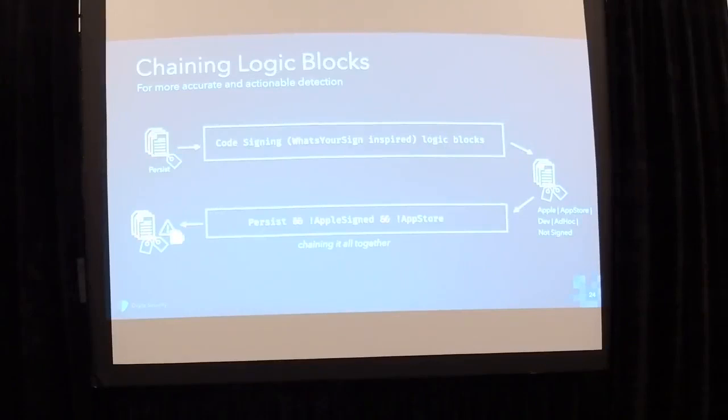This labeling then facilitates chaining and logic block reuse. So tying this to our previous example, let's say vanilla persistence isn't actionable in your environment. Lots of things ask to persist, so it may not be actionable. We chain this to what I'm calling a "What's Your Sign" inspired logic block that extracts and labels an event with code signing information for a static binary or a running process.